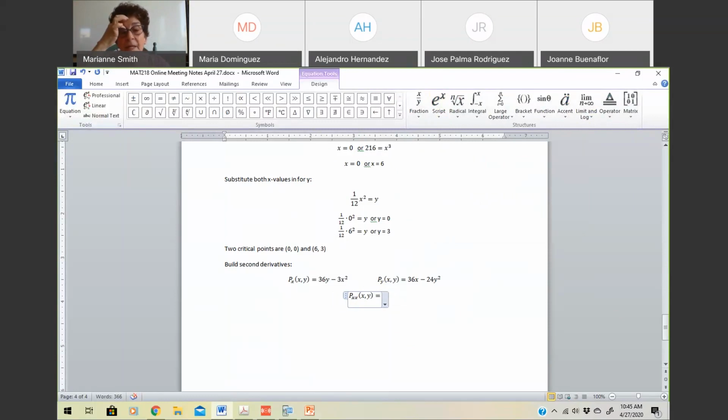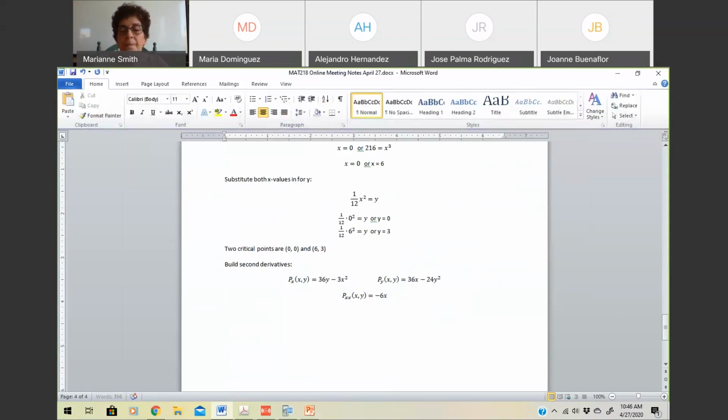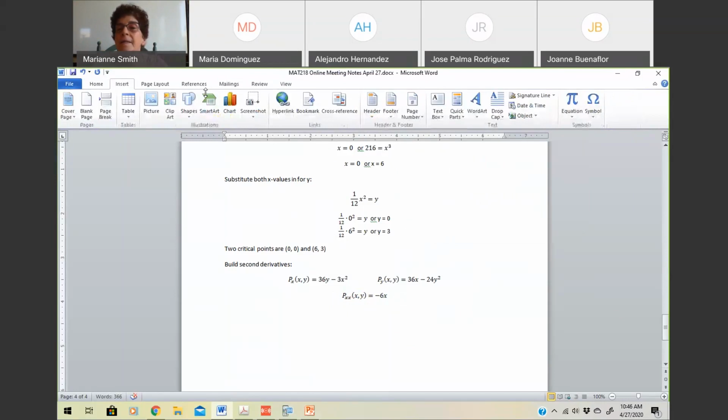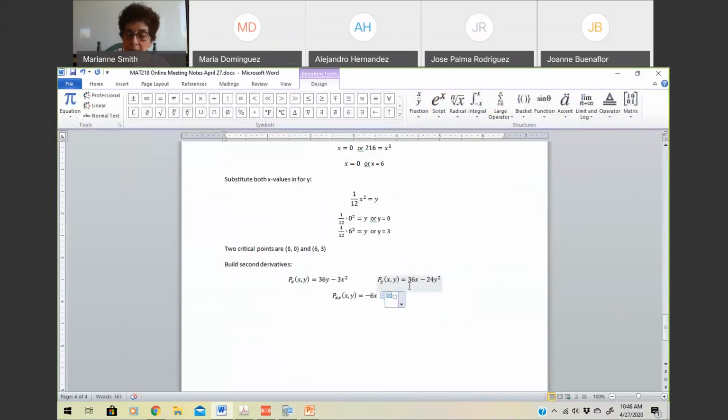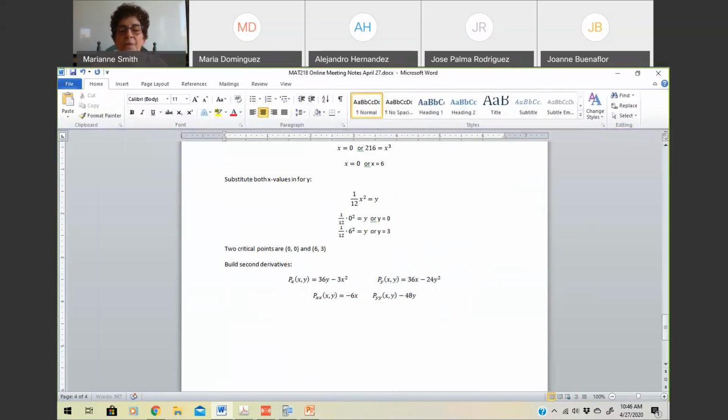If I differentiate again with respect to X, I'm going to get negative 6X. And if I differentiate with respect to Y again, P sub YY, you can see I'm going to get negative 48Y. Everybody all right with those two?